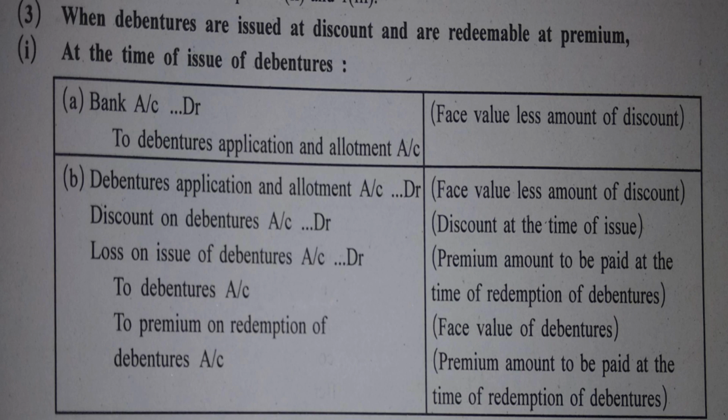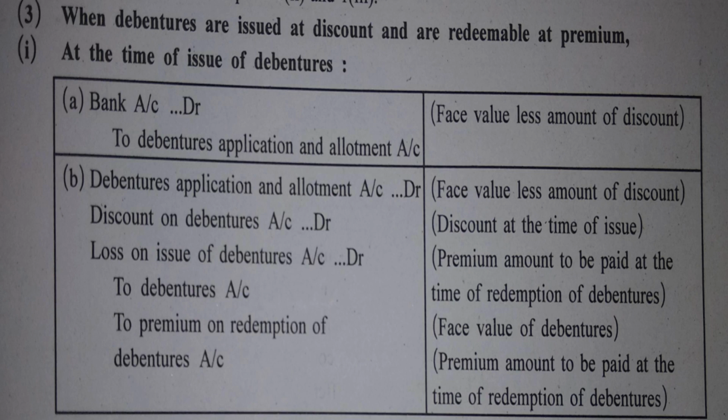Which value are you going to consider? The value at which the debentures have been issued. If a debenture of rupees 100 is issued for rupees 90, then obviously you are going to consider 90 rupees here, and they are redeemable at premium.